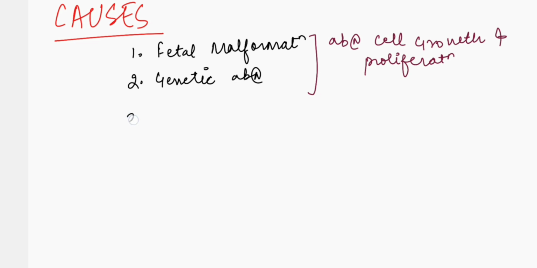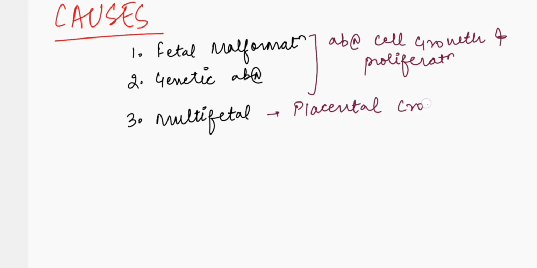Now then we have multifetal gestation, that is either twins or triplets. Now why does it happen? There is placental crowding, meaning that the surface area of the uterus is less and the fetus does not have the space to grow.